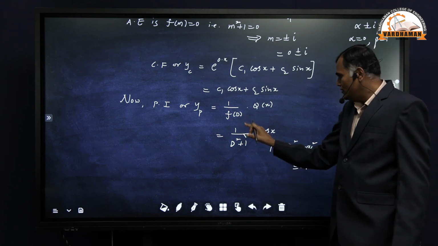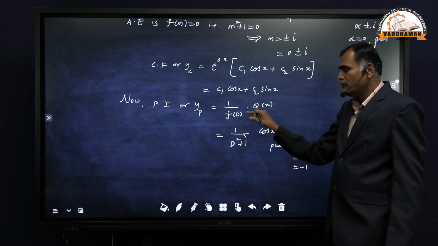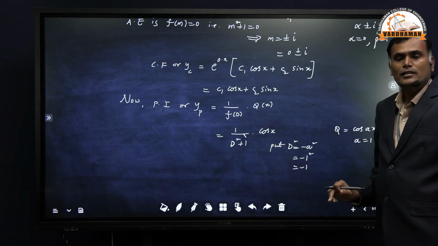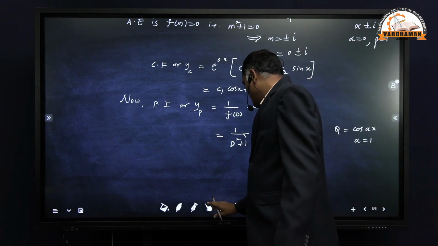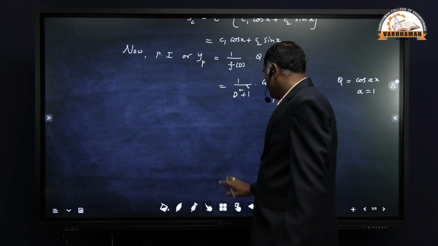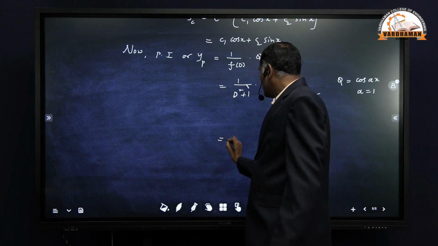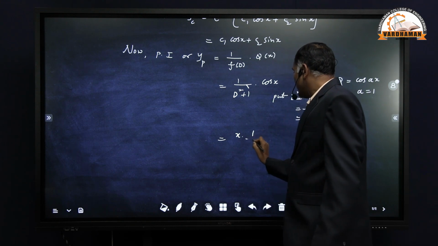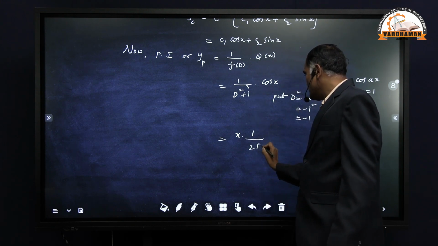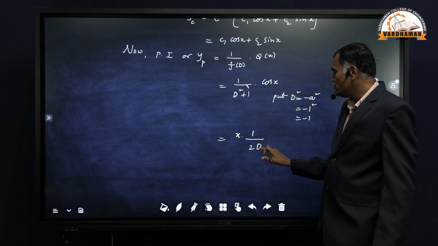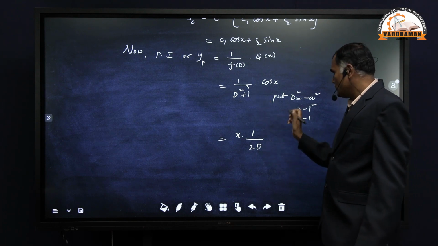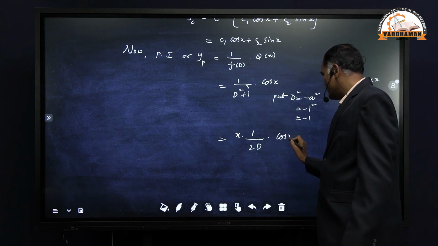So this is not the particular integral of this problem. To find the particular integral, we place x in the numerator, and differentiate the denominator with respect to D. So the derivative of D² is 2D, the derivative of 1 is 0. Write down cos x as it is.